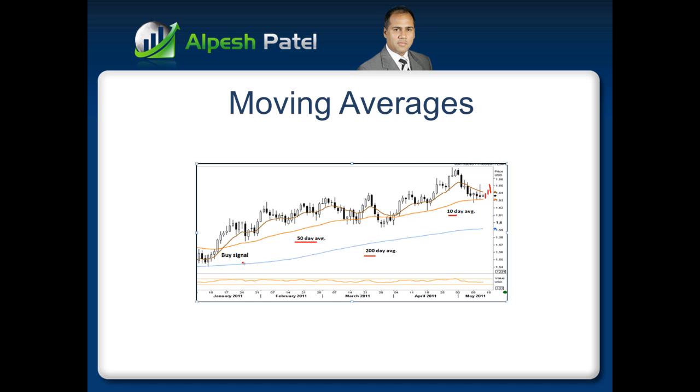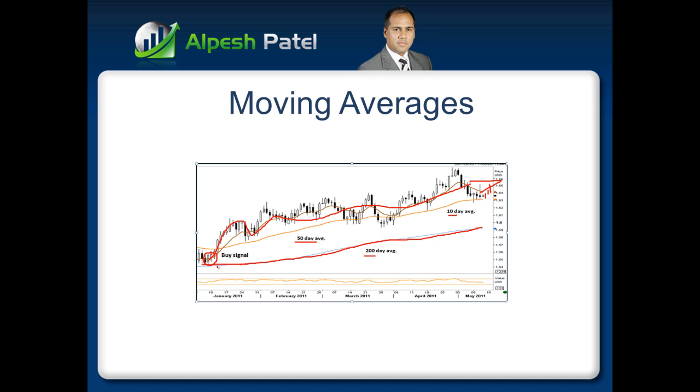Now, here you can see in blue the 200-day moving average. And very often one simple strategy used by traders is they will go long. In other words, they'll buy and hold as long as the foreign exchange rate is above the 200-day moving average.